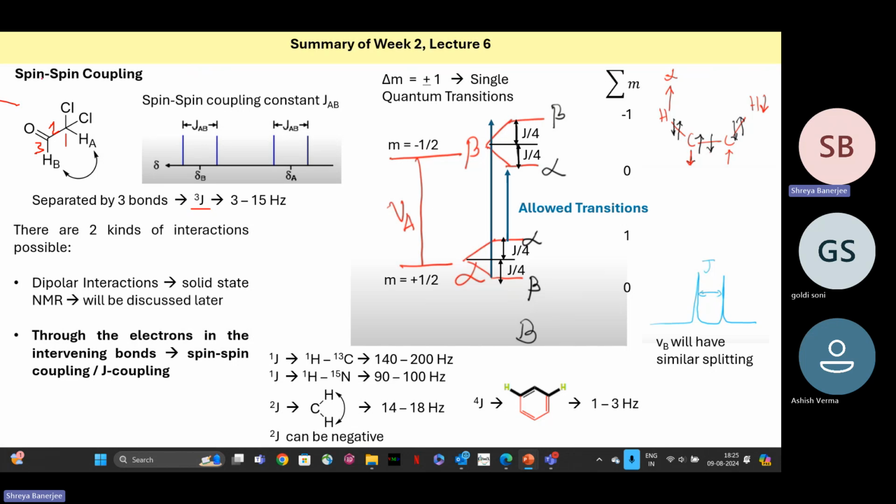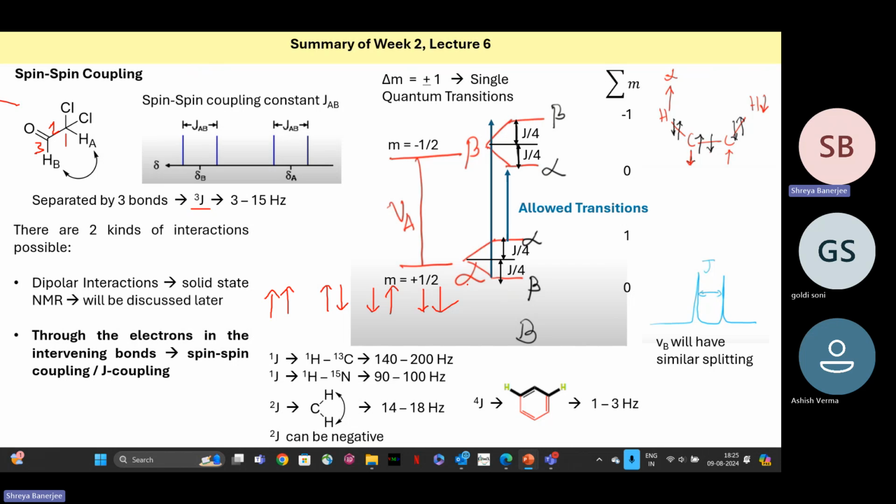Now, when you have a second hydrogen atom near it, you can have different combinations: both up, one up and one down, and both down. There are four different combinations possible.